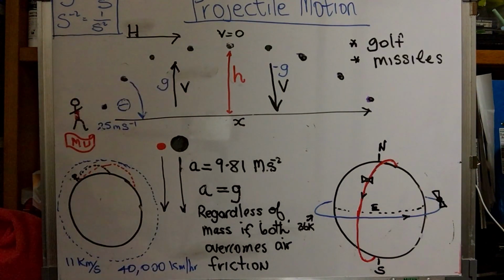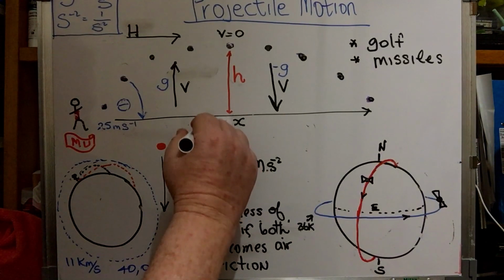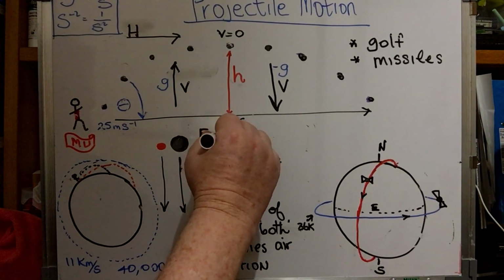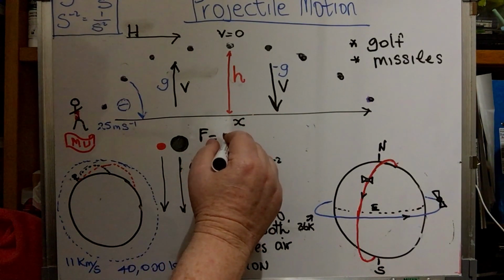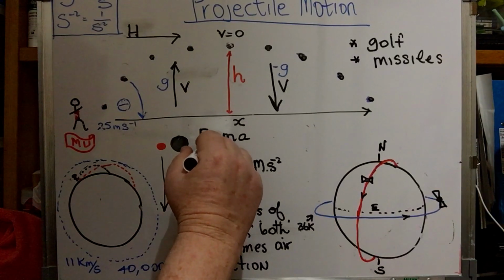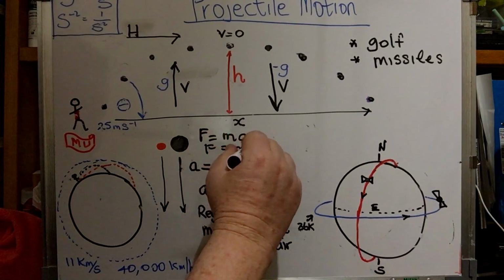They fall at the same rate, and yet they weigh differently. They have different force, because force equals mass times acceleration. So because a and g are the same, force is equal to mg.